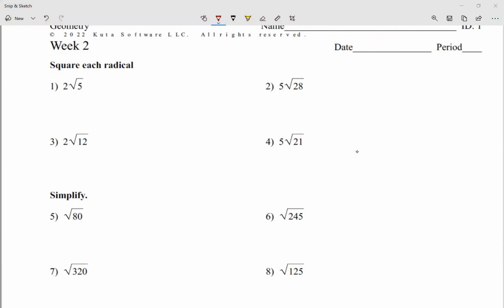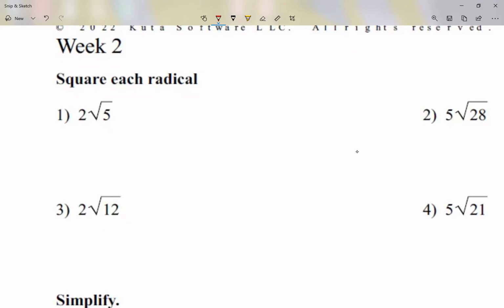Looking at question number 1, we're going to square. What square means is that we're going to multiply 2 radical 5 times 2 radical 5. All right, we're going to square it. Now, whole numbers with whole numbers go together.